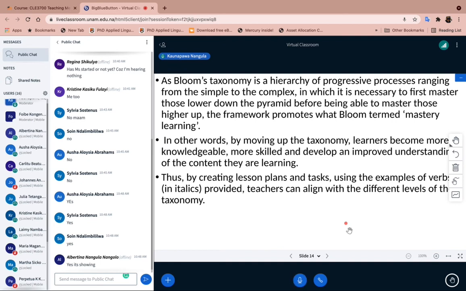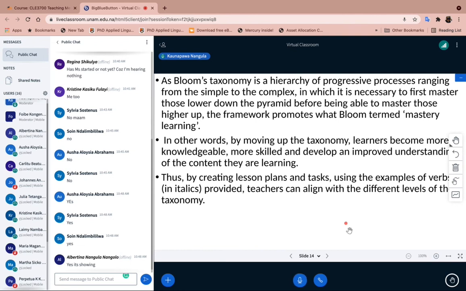They need to apply, they need to analyze, they need to evaluate this content to be able to create using that content. Thus, by creating lesson plans and tasks, using the examples of verbs like the ones that we have just seen, teachers can align with different levels of the taxonomy.